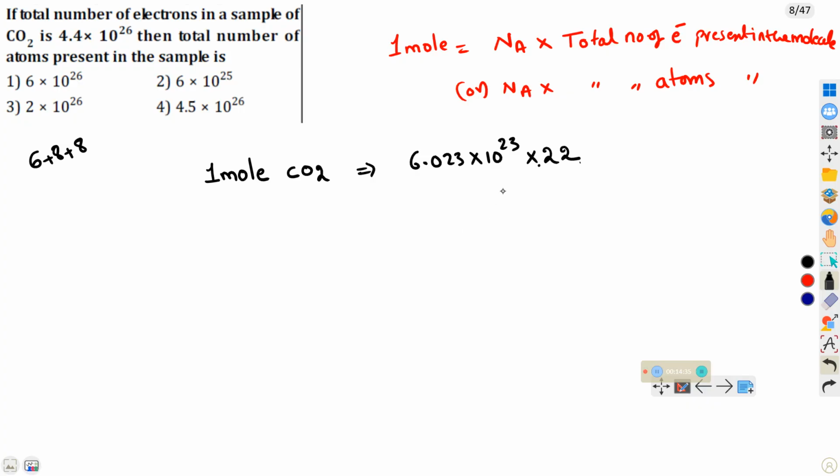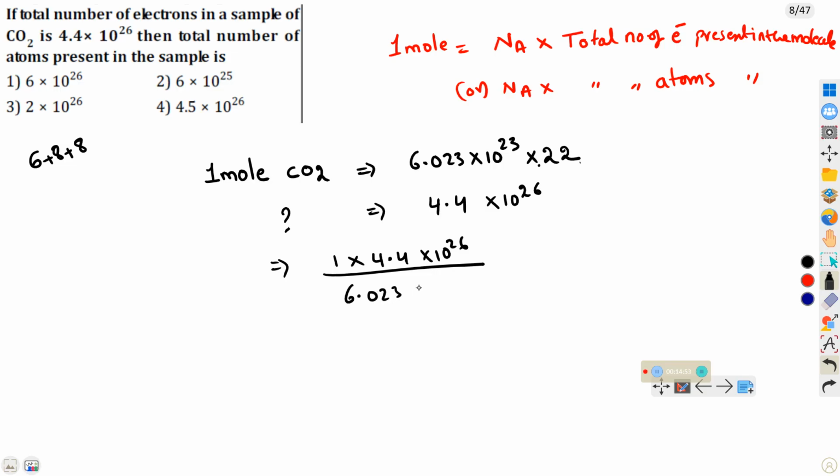Then for 4.4 into 10 power 26, how many moles are present? 1 into 4.4 into 10 power 26 by 6.023 into 10 power 23 into 22.